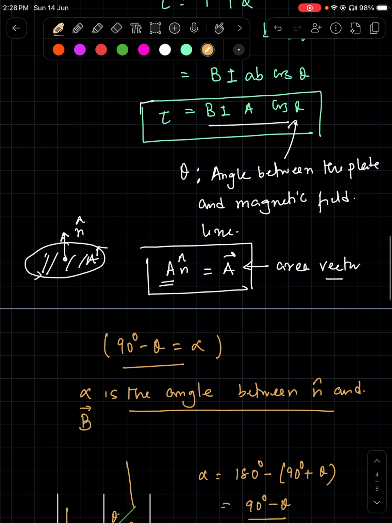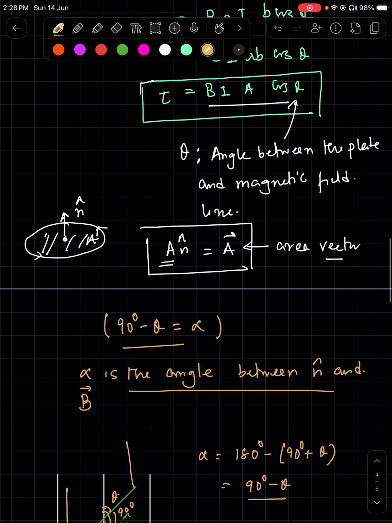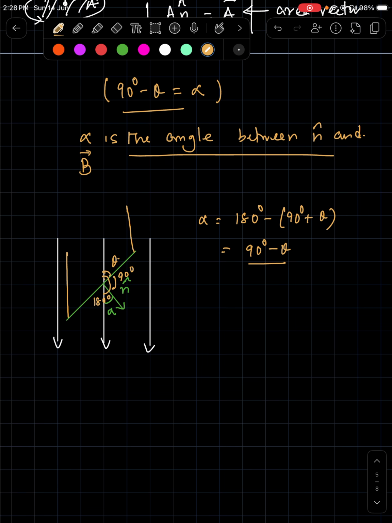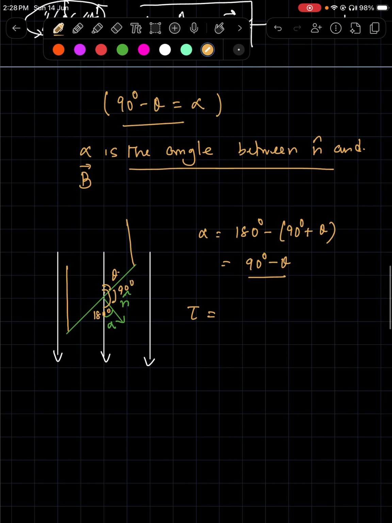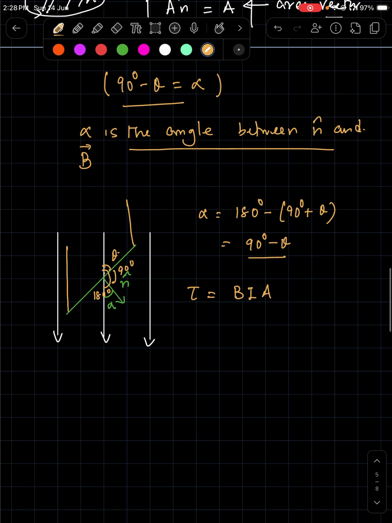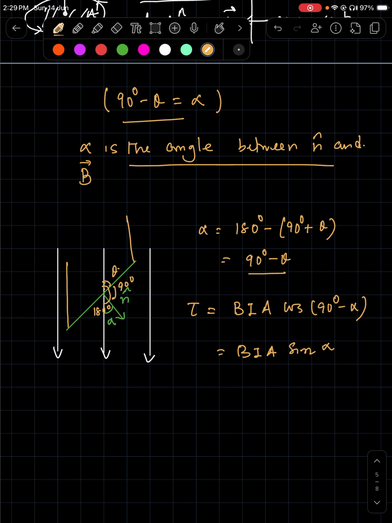So what we are going to do is replace theta in terms of alpha in this formula. So the tau becomes B I A cos theta. And now theta can be written as 90 degree minus alpha. So it becomes B I A sine alpha.